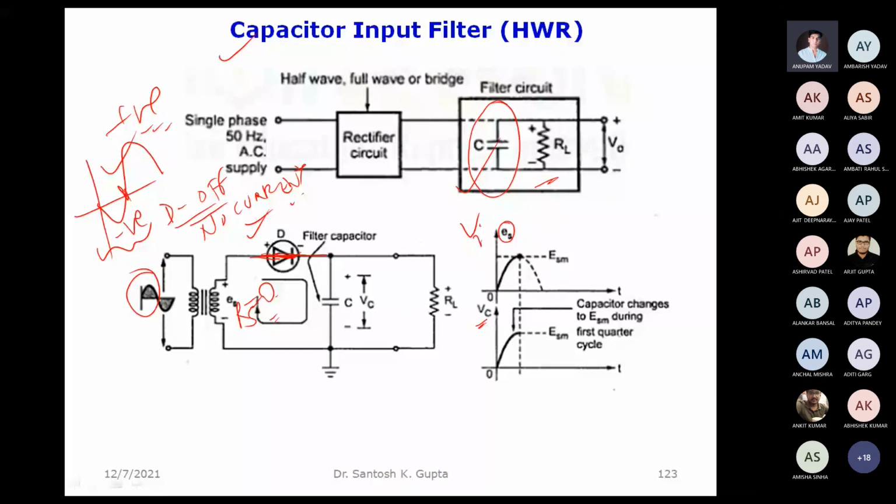This capacitor finds a low resistance path. There is something called the charging constant or time constant, the RC time constant, which decides how fast the capacitor is going to charge or discharge. This is also sometimes called tau.